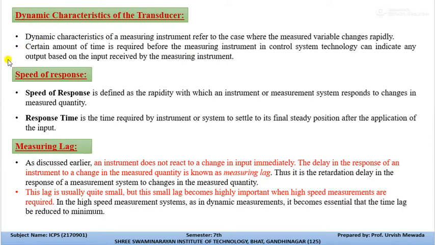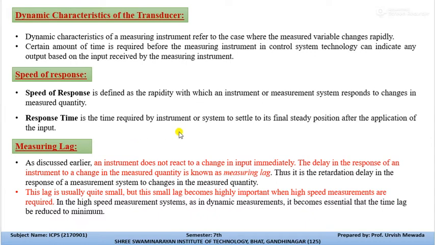The characteristics of the dynamic response of the transducers are: the first characteristic is speed of response. Speed of response is associated with how, as we give the input, the instrument behaves, or gives the output. Speed of response basically defines the rapidity with which an instrument or measurement system responds, and the response time.